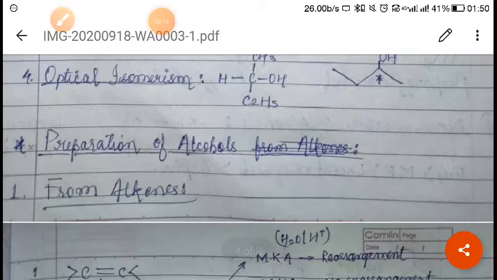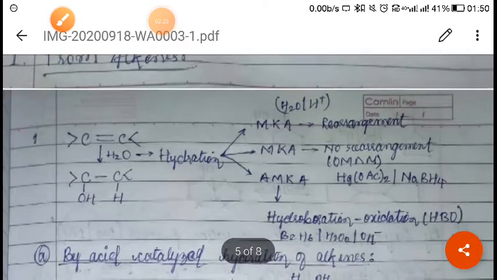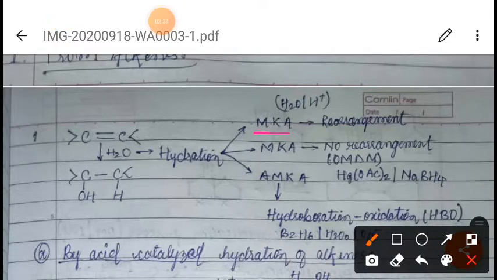Now we will see preparation of alcohol from alkene. It is a very important topic. The preparation of alcohol from alkenes is carried out by three methods. First of all, we take an alkene, and through the double bond we add H2O, and we get an alcohol.